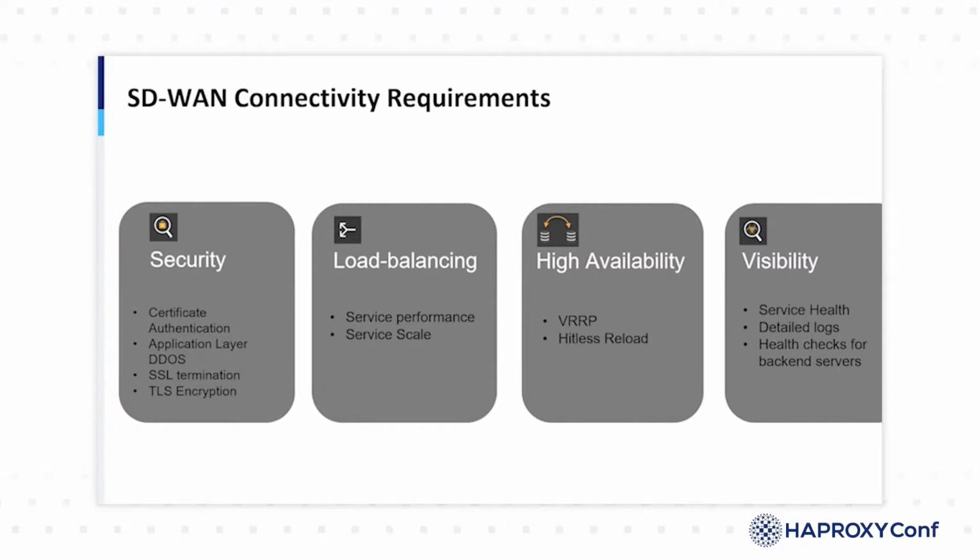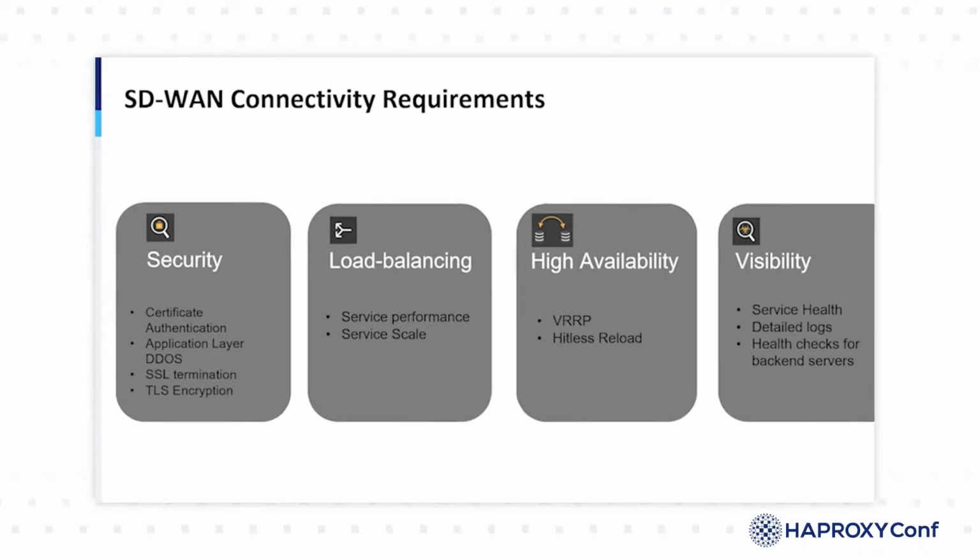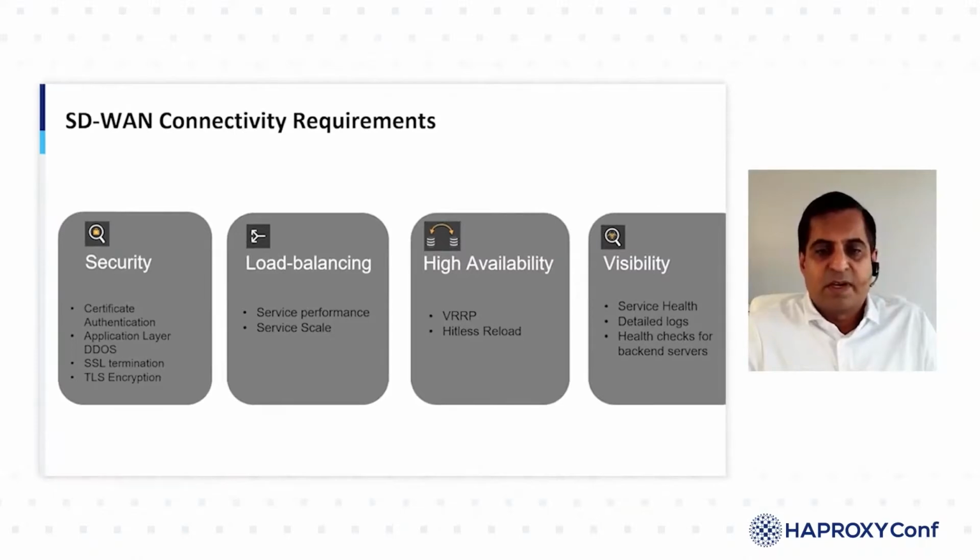On the load balancing side, like I mentioned earlier, we want to increase the capacity and provide redundancy using the load balancing, but it needs to happen at high performance and high scale. I'll talk a little bit more on this later in my presentation.